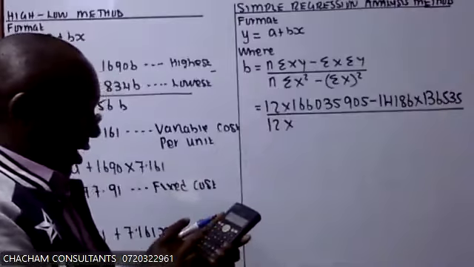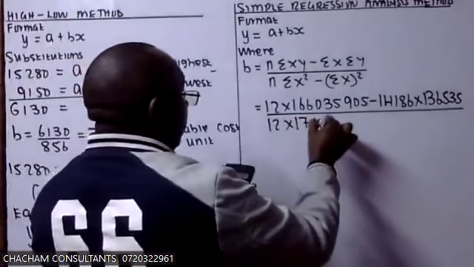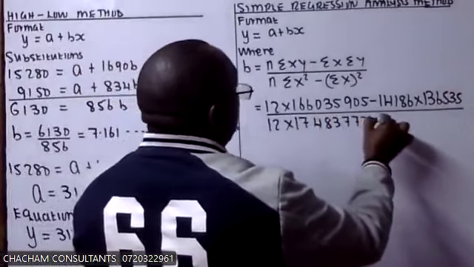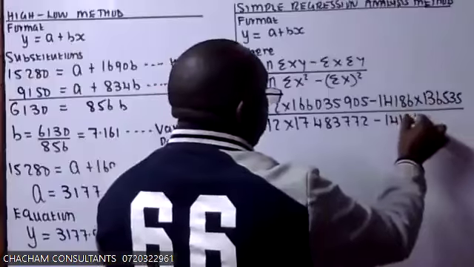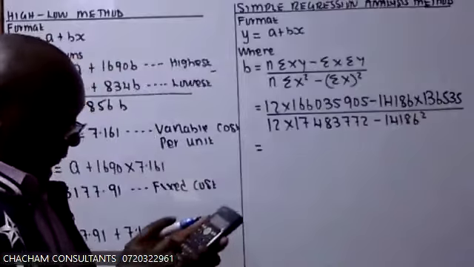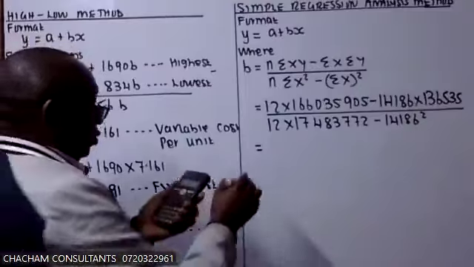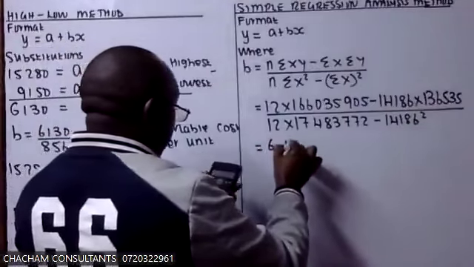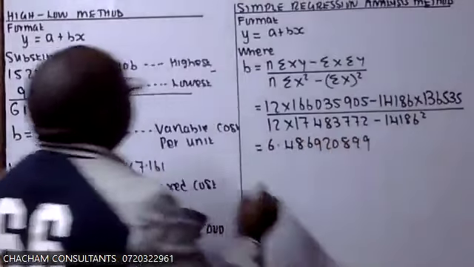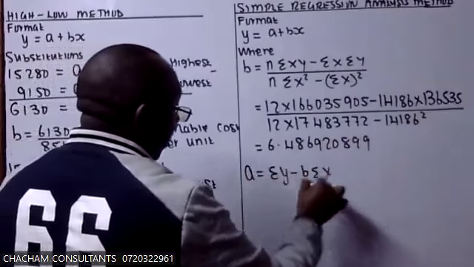Sum of x squared is 17,483,772 minus 14,186 squared. And the answer that you shall get for B should be something to do with 6.486920899.